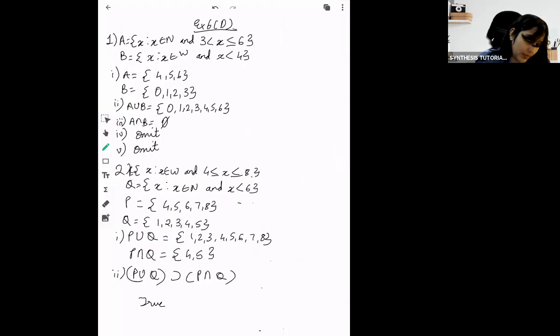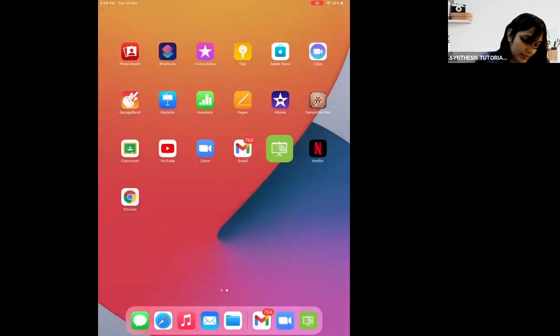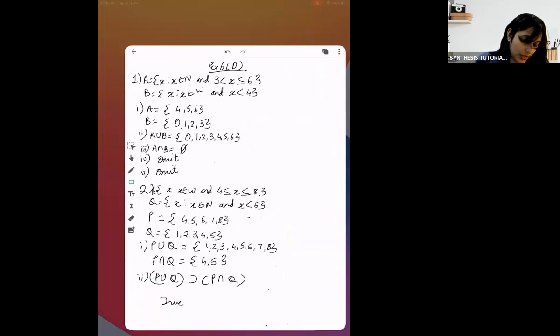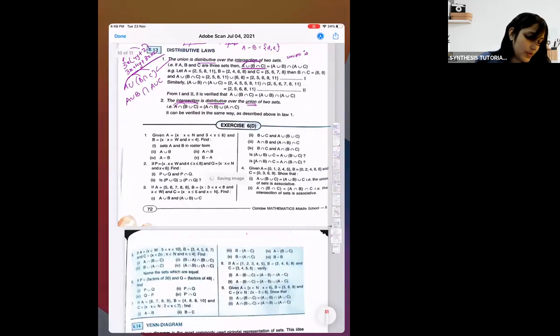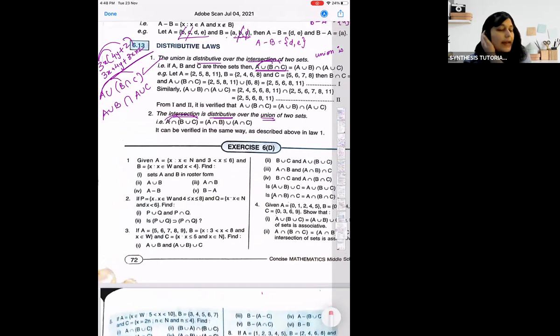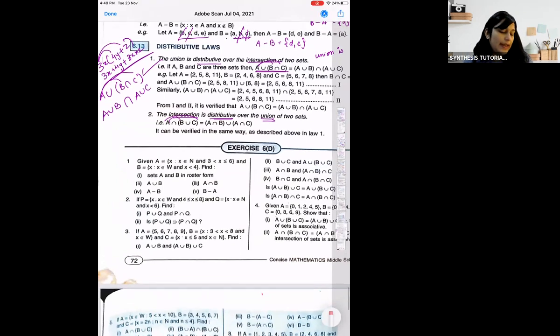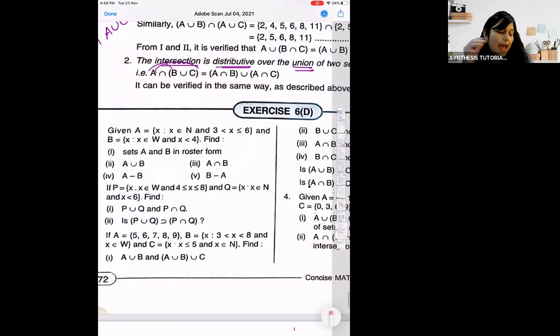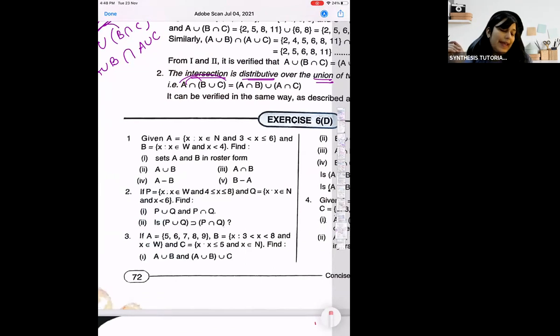Okay, come on, the first one. Let's look at the first question, shall we? Okay, the first one is given such that x belongs to N, which is natural numbers, and 3 is smaller than x, which is smaller than or equal to 6. मतलब 3 include होगा क्या? नहीं.